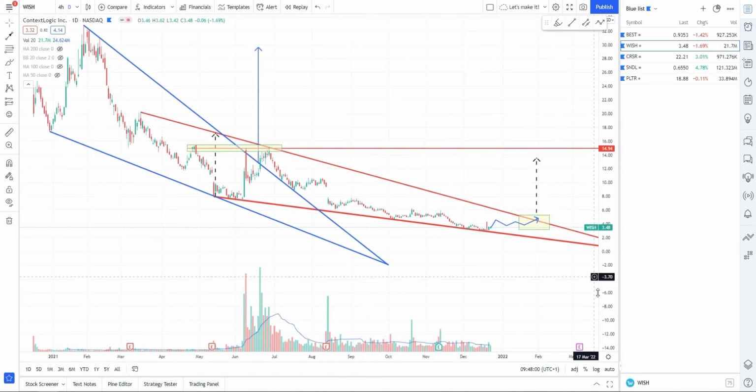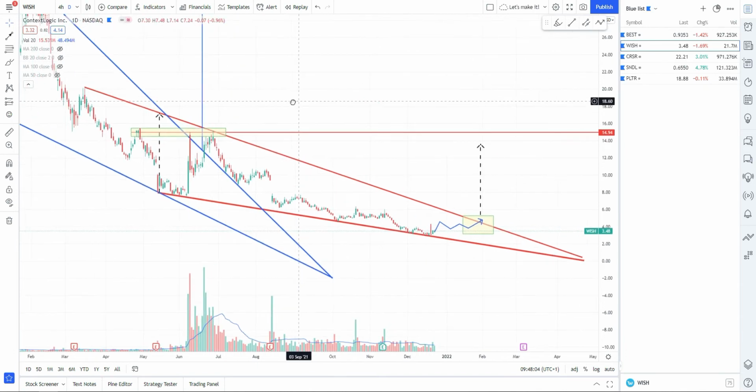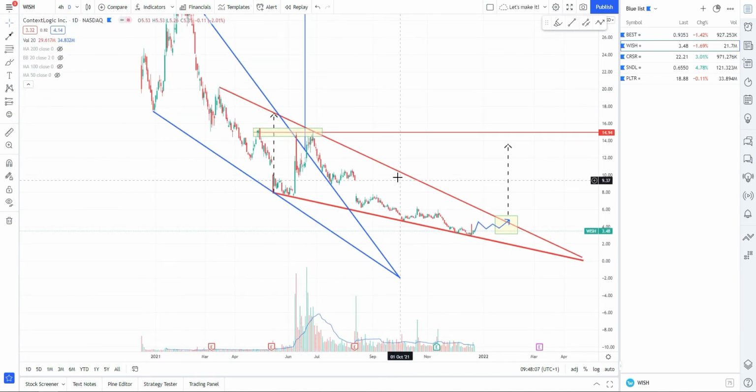Then let's go to a medium-term price target. We have this other descending wedge. Statistically, descending wedges are broken at around two thirds of their length.